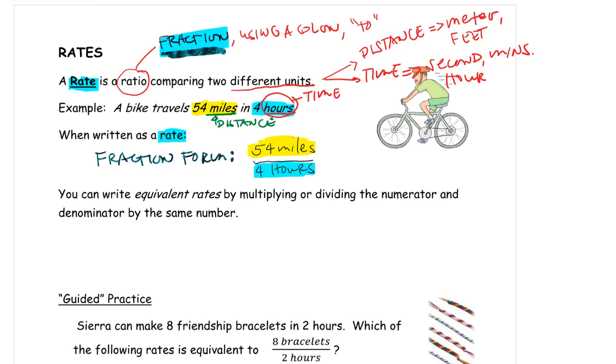You can also write equivalent rates by multiplying or dividing the numerator and denominator by the same number. Let's take, for example, 54 miles over 4 hours.